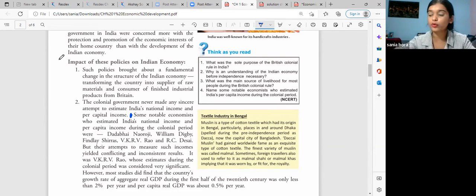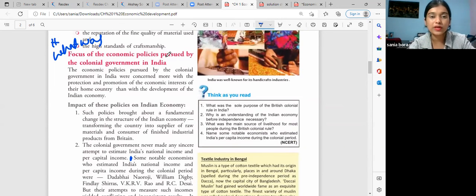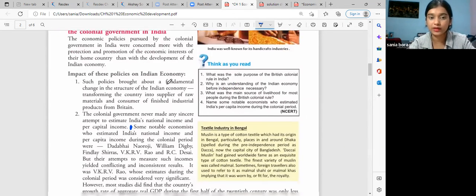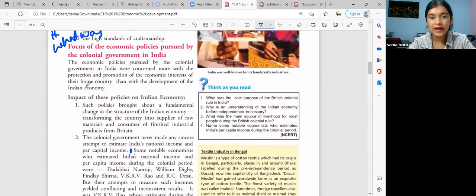The question you are going to write, hashtag: impact of economic policies pursued by colonial government on Indian economy. Or you can write: what were the impacts of economic policies pursued by the colonial government on Indian economy?